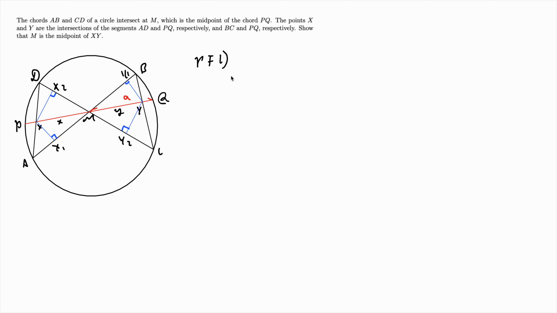Let's take a look at the similar triangles. I think I'll just quickly use the highlighters to share which triangles are similar to each other. So this triangle and this triangle, they're similar by AA similarity because one is 90 degrees and these two angles are the same.